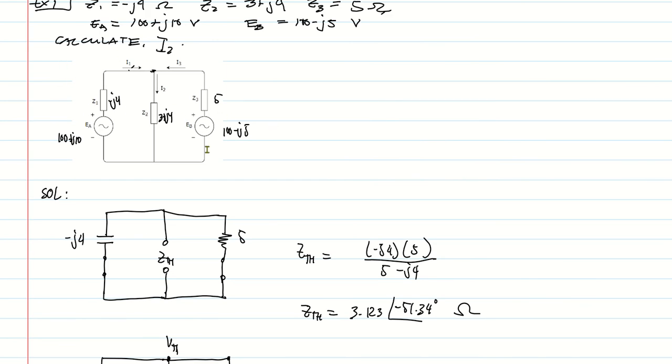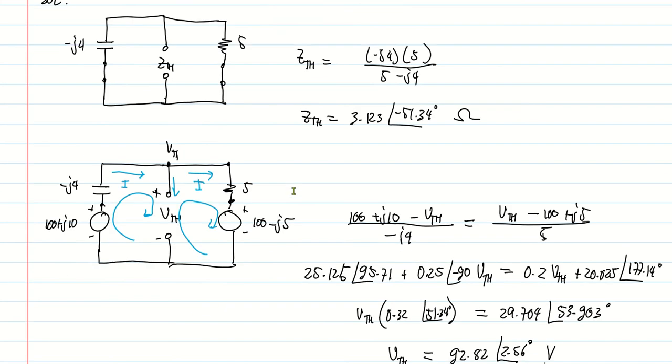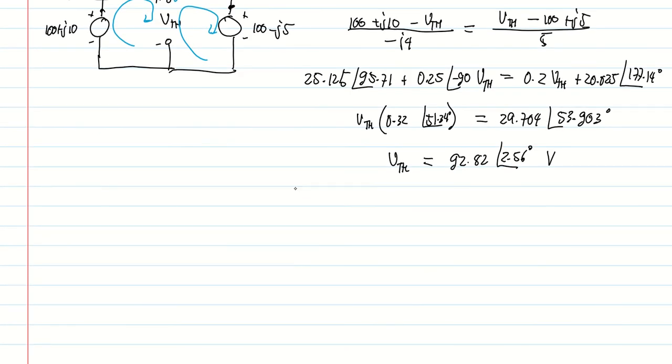We convert this one into the Thevenin circuit, and it will look like this. So we have the voltage VTH, then we have an impedance, which is the ZTH. So this is the equivalent of that circuit when we remove the load.